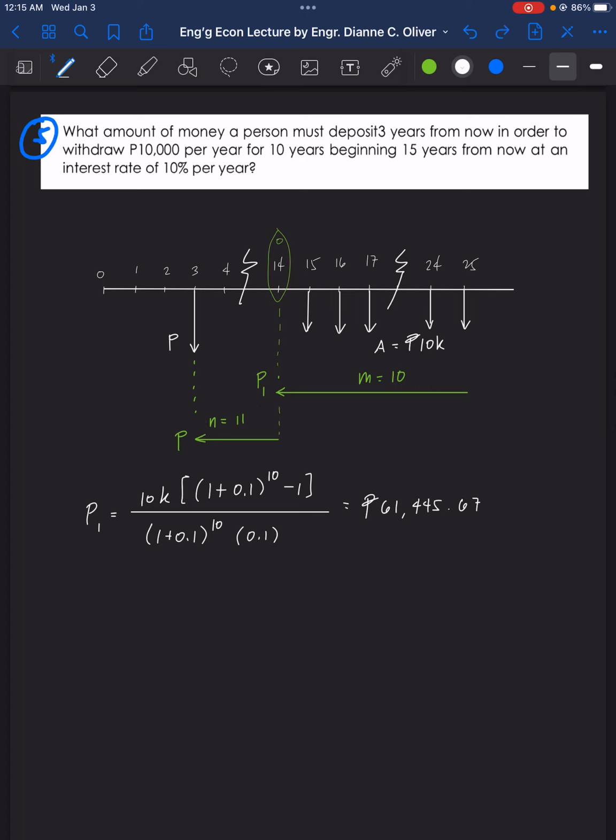So for the solution of this, we will solve using the compound interest formula.